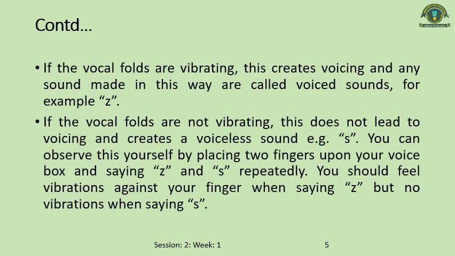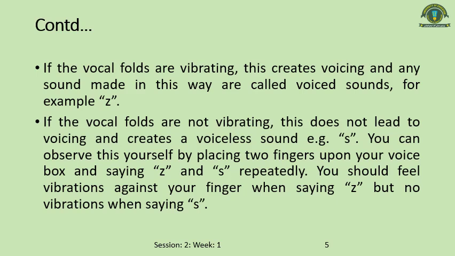As I told you, if the vocal folds are vibrating, this creates voicing, and any sound made in this way is called a voiced sound. For example, Z. In the previous slide I said that certain sounds we are all the time producing, but the simple way out is that you put your thumb on the Adam's apple and produce the sound.